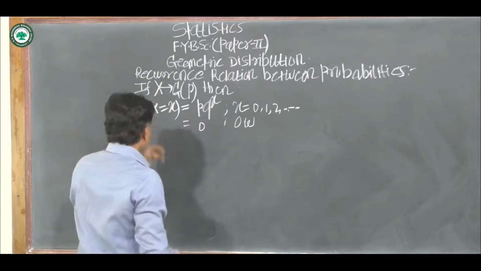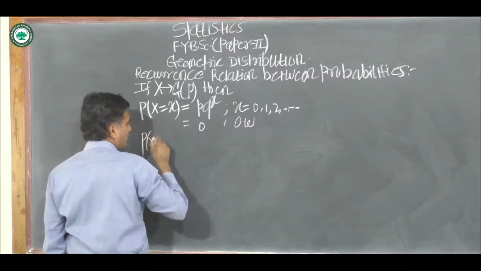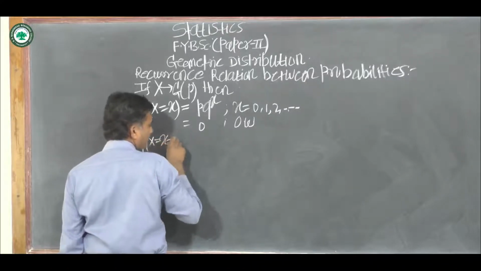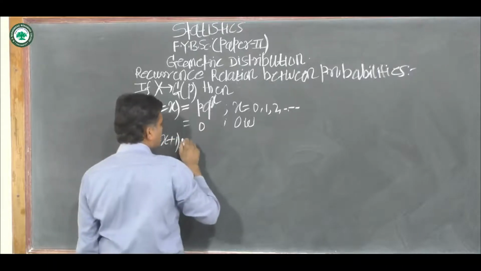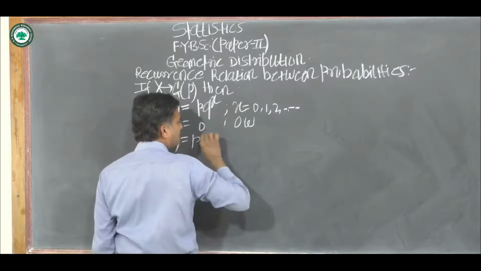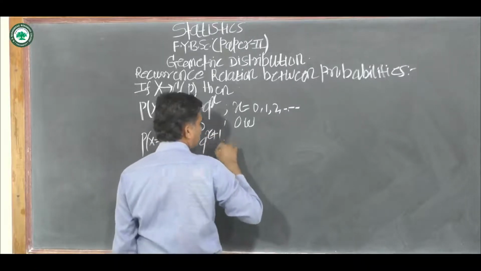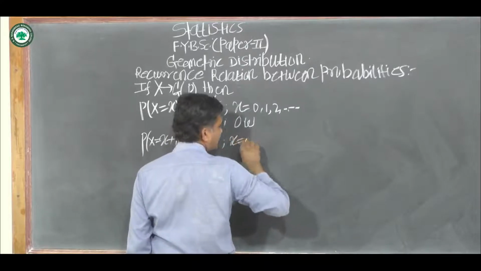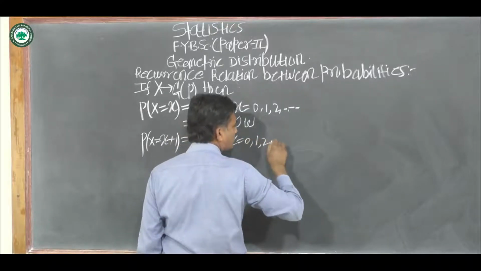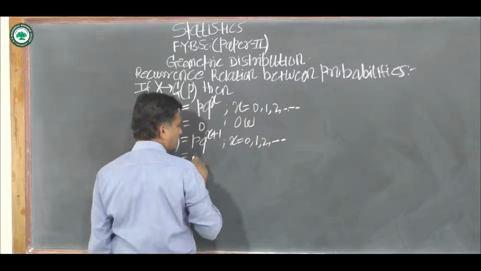Then probability of X equal to x plus 1 is equal to p into q raised to x plus 1. Here x takes values 0, 1, 2, and so on, 0 otherwise.